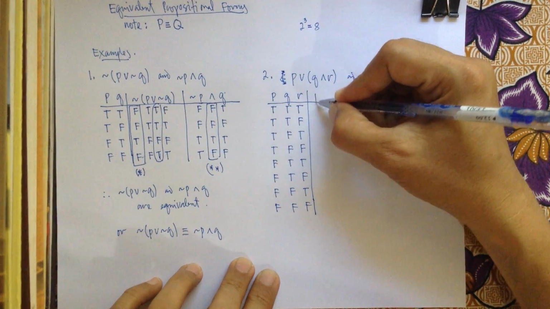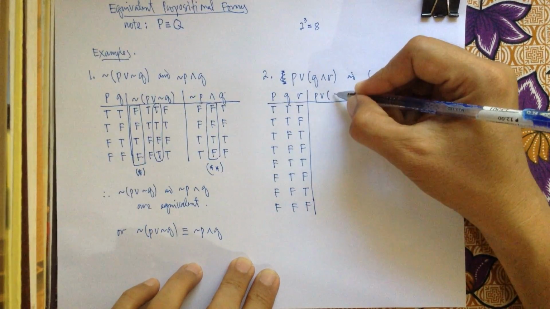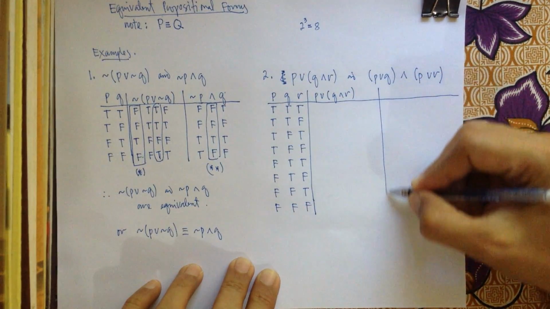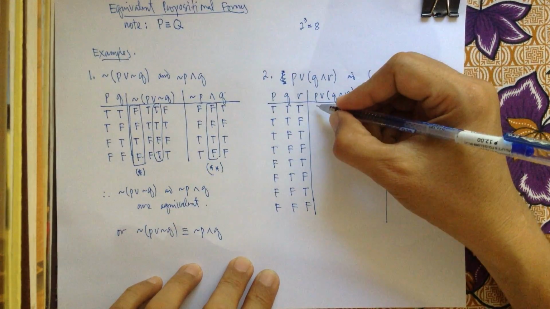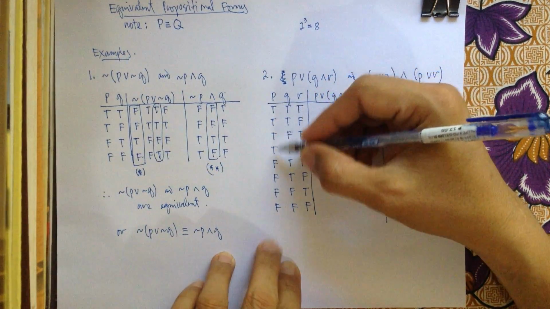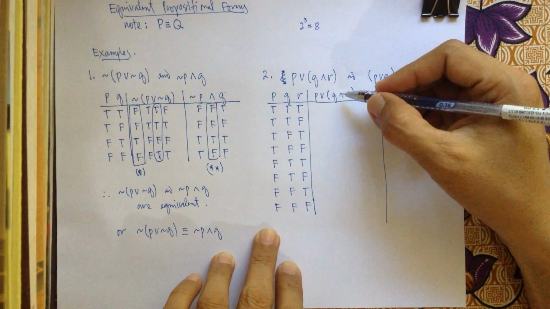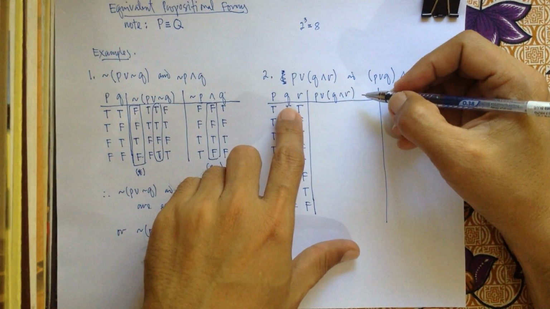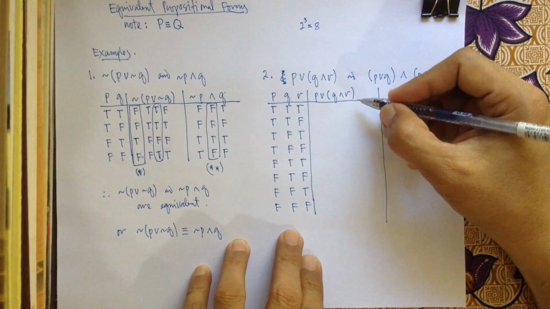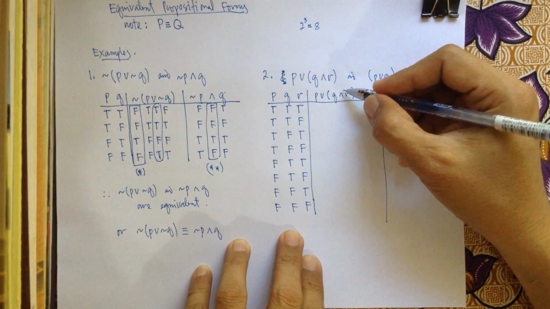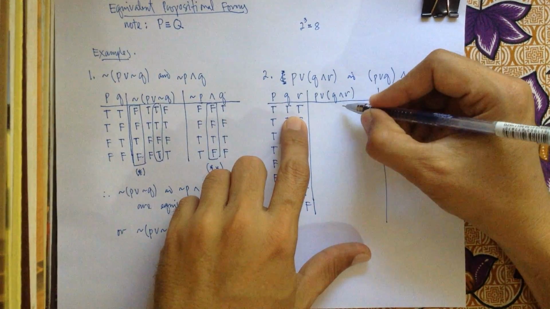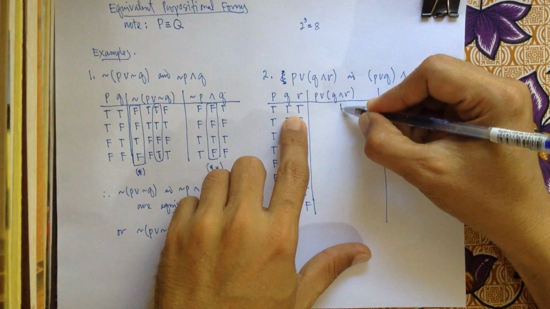Then for our first statement, I think this time we will no longer rewrite the truth values for P, Q, and R. Let's just refer to our first 3 columns here. But before we can apply this connective, we have to determine first the truth value of Q and R. Q and R, true, true, so that's true.